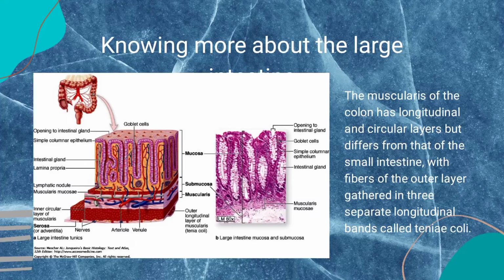And the figure on the right side of your screen shows the large intestine mucosa and submucosa. The mucosa is occupied mostly by tubular intestinal glands extending as deep as the muscularis mucosae and by lamina propria rich in MALT.